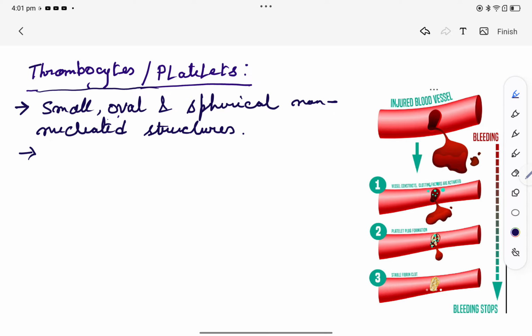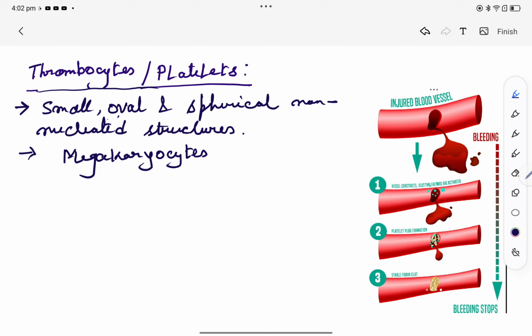They are fragments of large cells like megakaryocytes. So actually, thrombocytes are not true cells. They are fragments of large cells like megakaryocytes.